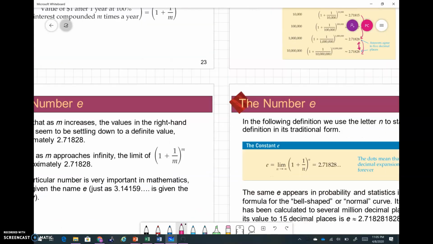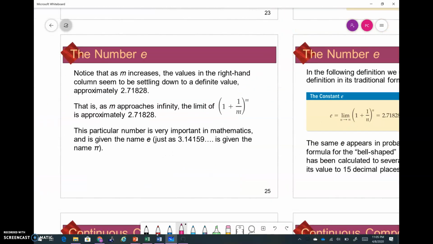So looking at slide 25, you notice that as M increases, the values in the right-hand column seem to be settling down to a definite value, and that value is 2.71828. So that is as M approaches infinity.